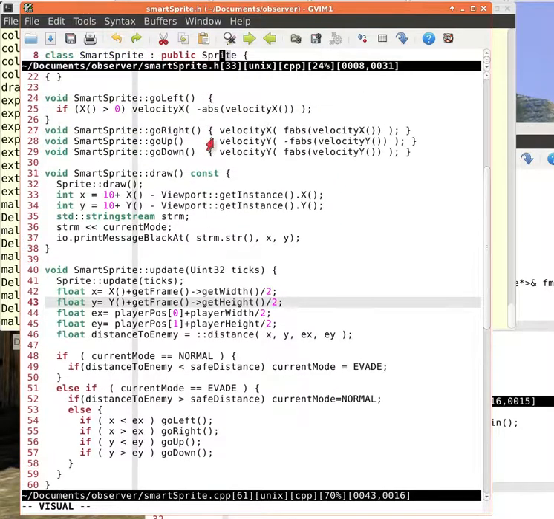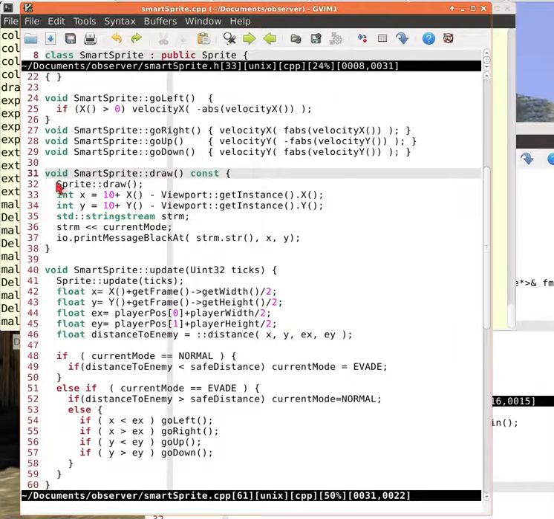Let me show you the draw. In the draw, here I am. This is how you use a function in a base class. So smart sprite is derived from Sprite. And I first want to draw it just the same way I drew a normal sprite. But now what I want to do is draw the state that it's in. So I offset it by 10 down and 10 over.